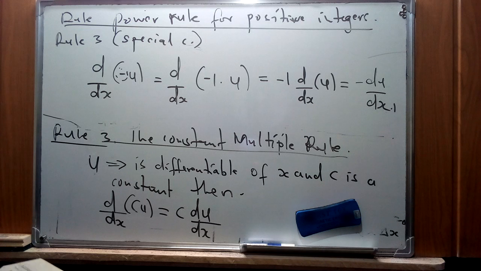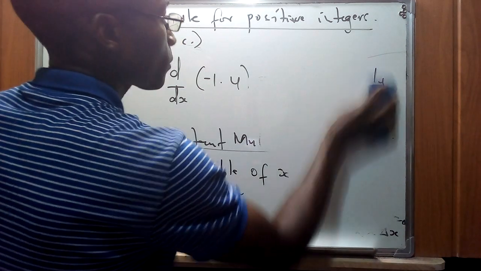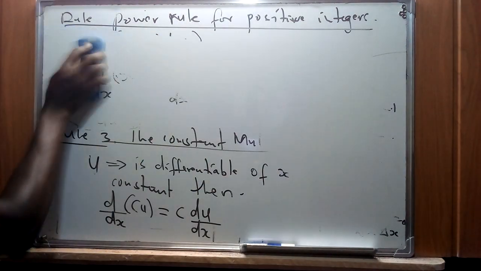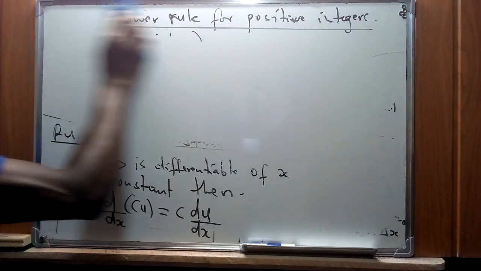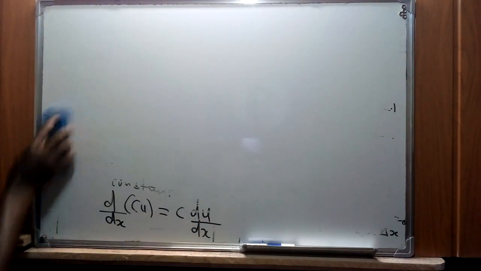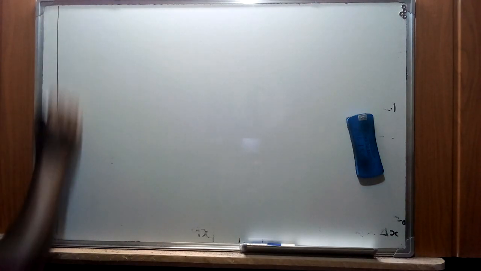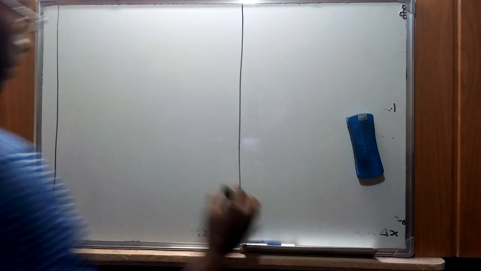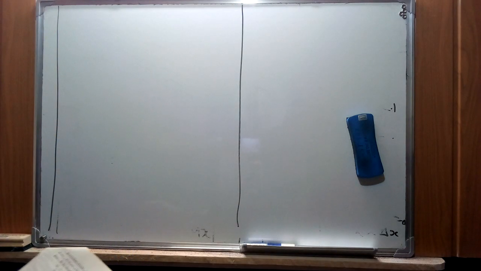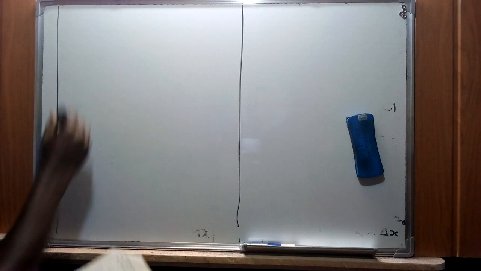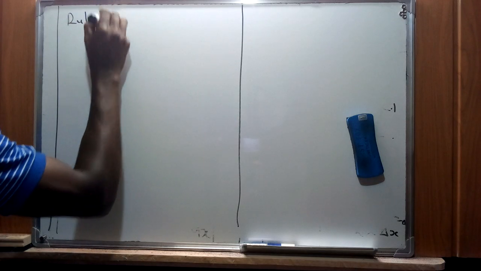Then lastly, we're going to look at the sum rule for derivatives, and that is rule number 4. This is going to basically entail the concept of the sum and difference rules of differentiation.